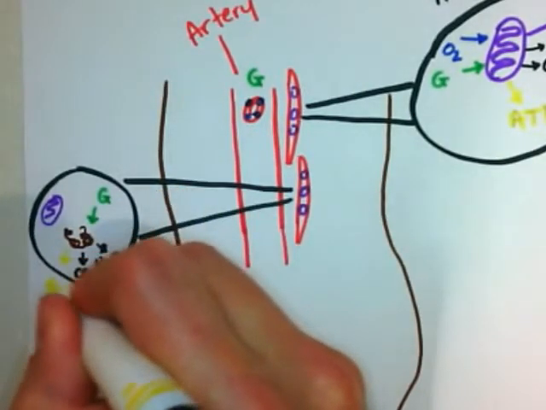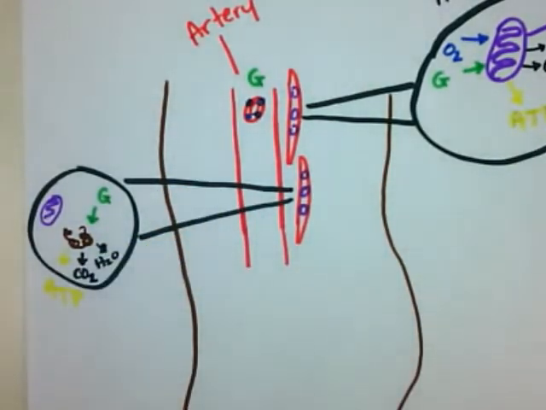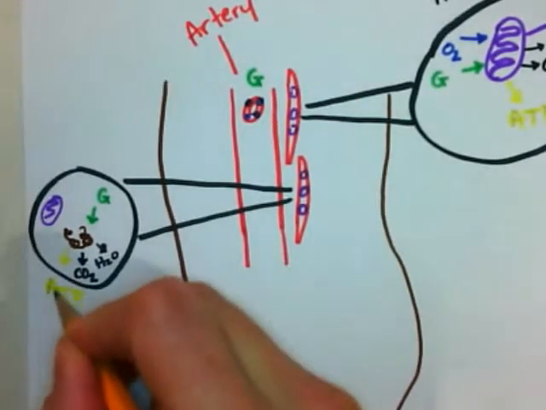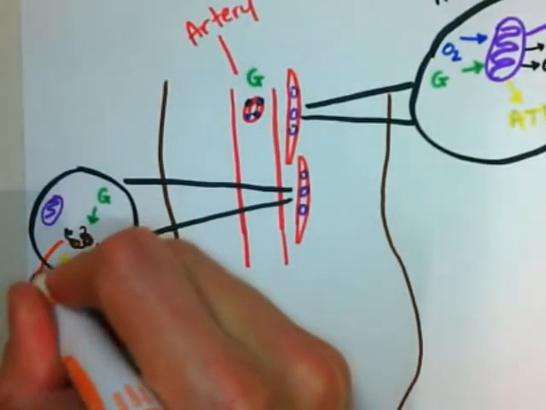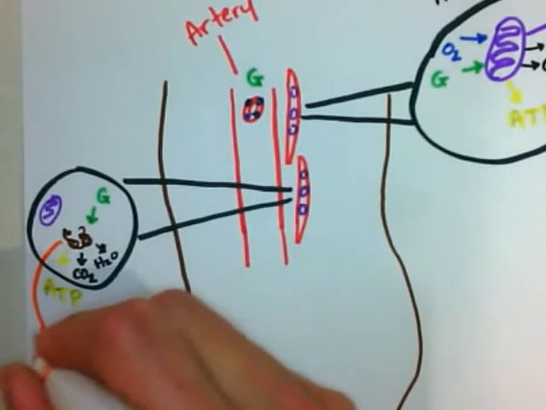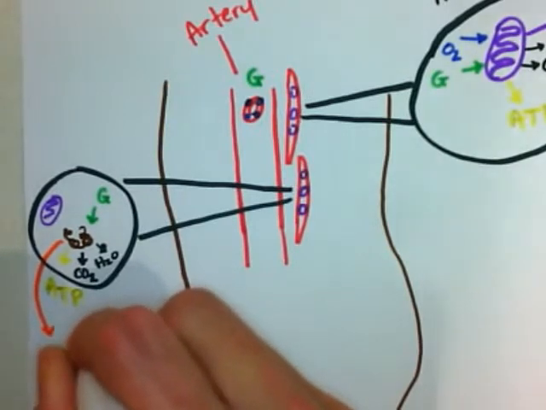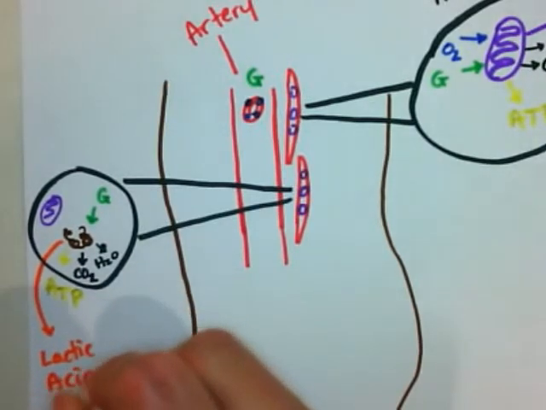This is what we want. I have to draw out of the box now. The other thing that it makes is lactic acid. Lactic acid is something that makes you sore.